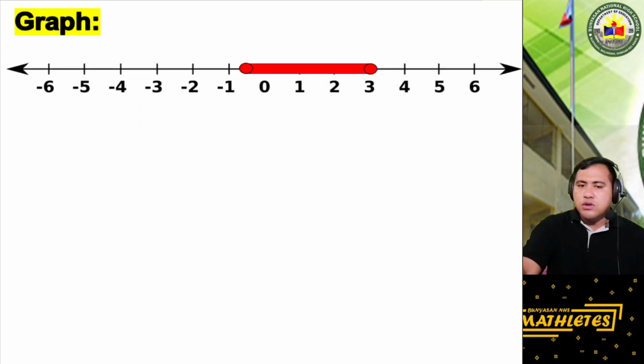Now let's draw our graph. It is shaded from negative 1/2 to 3. It means that the solution set of our inequality is the interval from negative 1/2 to 3. So we can draw our conclusion now.